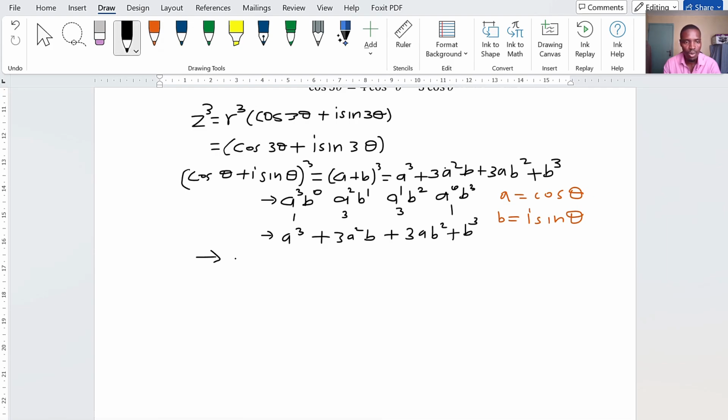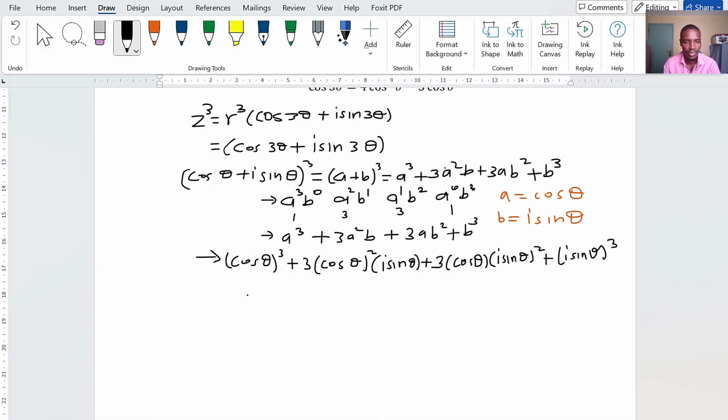So a cubed, we have cos theta cubed, plus 3 times a squared, cos squared theta, times b, which is i sine theta, then plus 3 times a, which is cos theta, times b squared, (i sine theta) squared, then plus b cubed, which is (i sine theta) cubed.